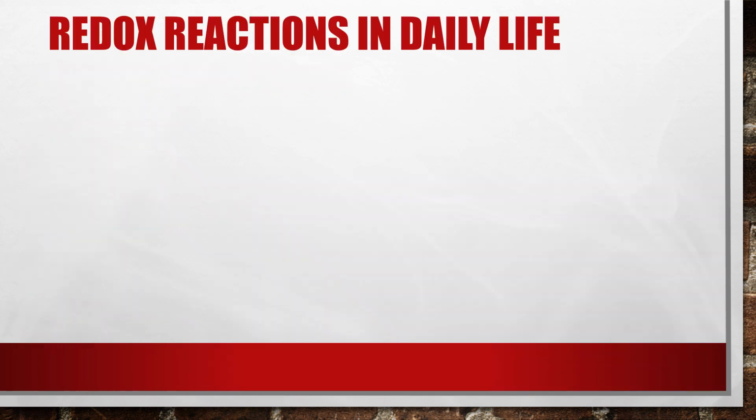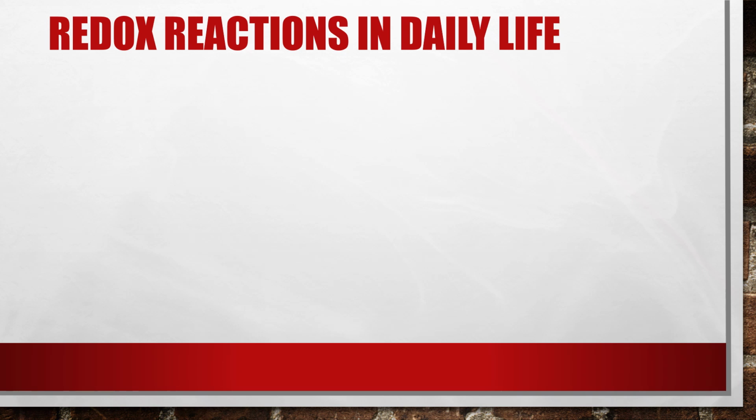Now, next is redox in our daily life. As you all know, chemistry or science is a subject in which we can see all the things in front of us. Whatever is happening is basically a chemical reaction, right?